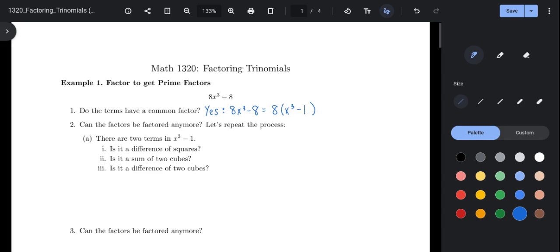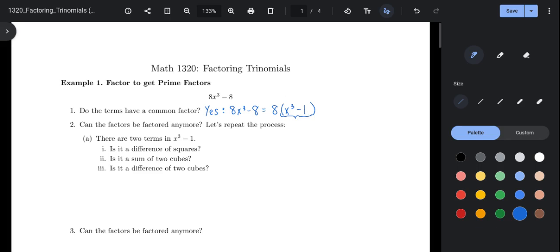So now we ask, okay, we have two factors, 8 and x cubed minus 1. Can these factors be factored anymore? Or do we have prime factors? Well, the concern that I have here is we have an x cubed in our factor that is in parentheses.